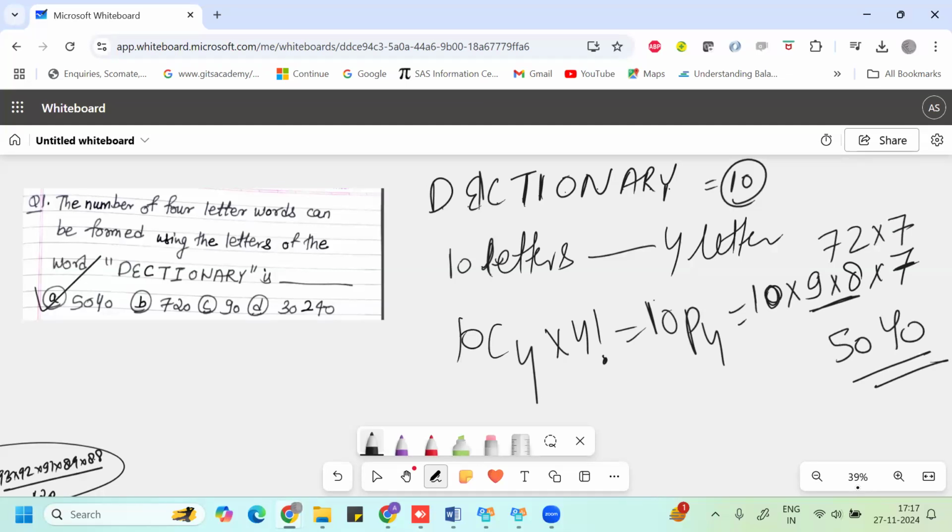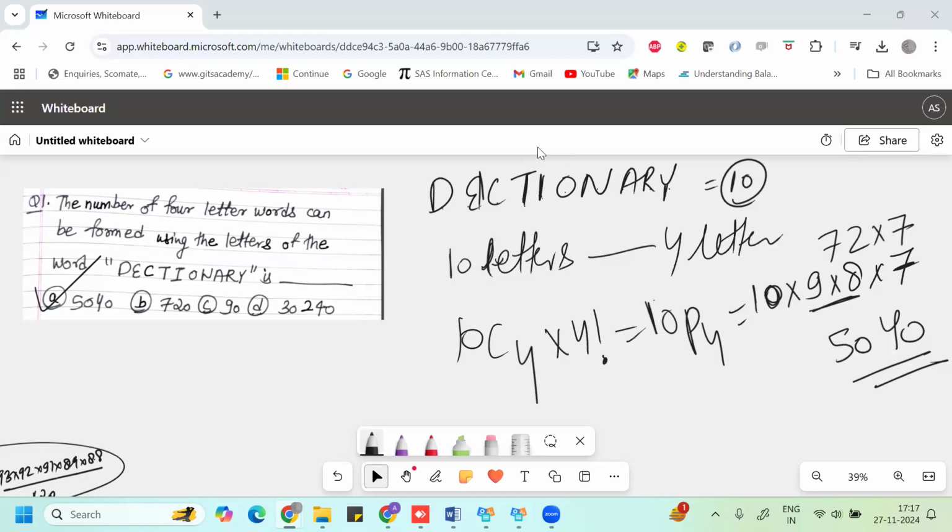Whenever you get any question, always think about combination first. You have a total of 10 letters and you want to make a 4-letter word. From 10 letters, in how many ways can I choose 4 letters? That is 10C4, random selection. Whenever your objective is only selection, you use combination.